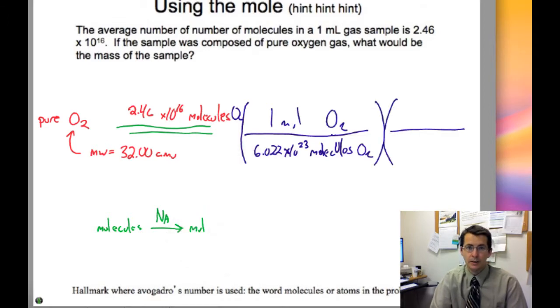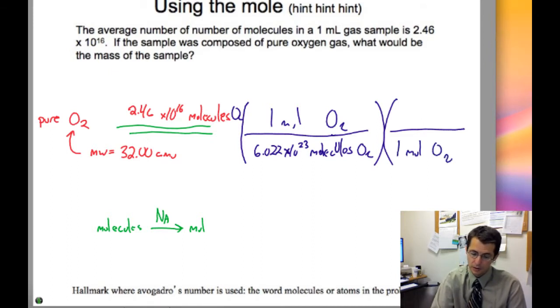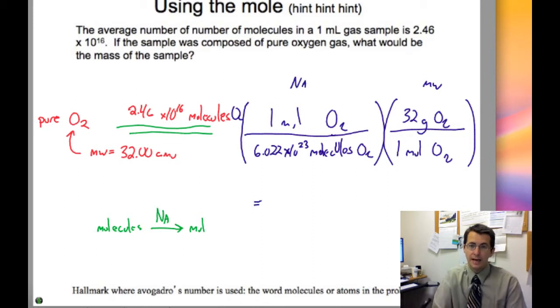And then using the fact that 1 mole of O2 is equivalent to 32 grams of O2. Again, this is our molecular weight statement. This is Avogadro's number relationship. We can spit out the mass of that compound.